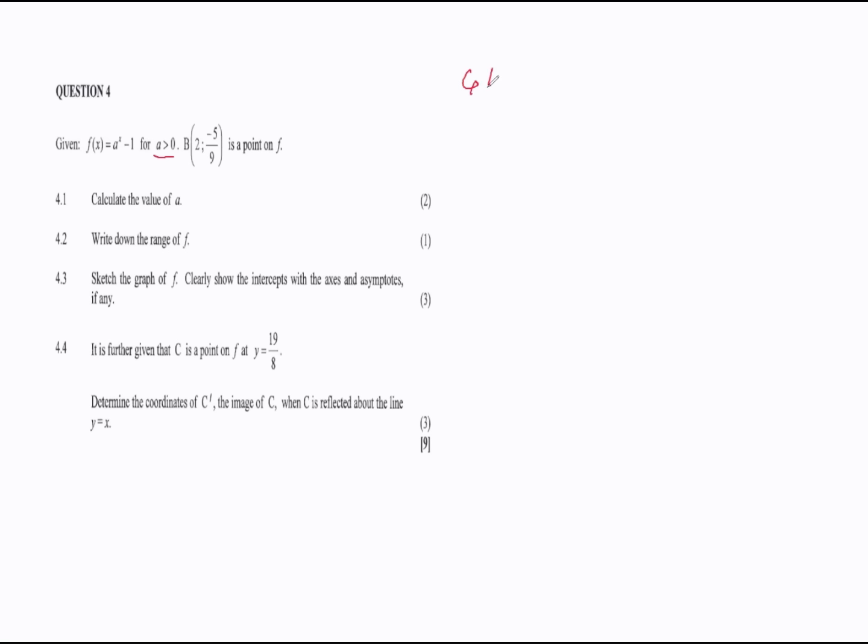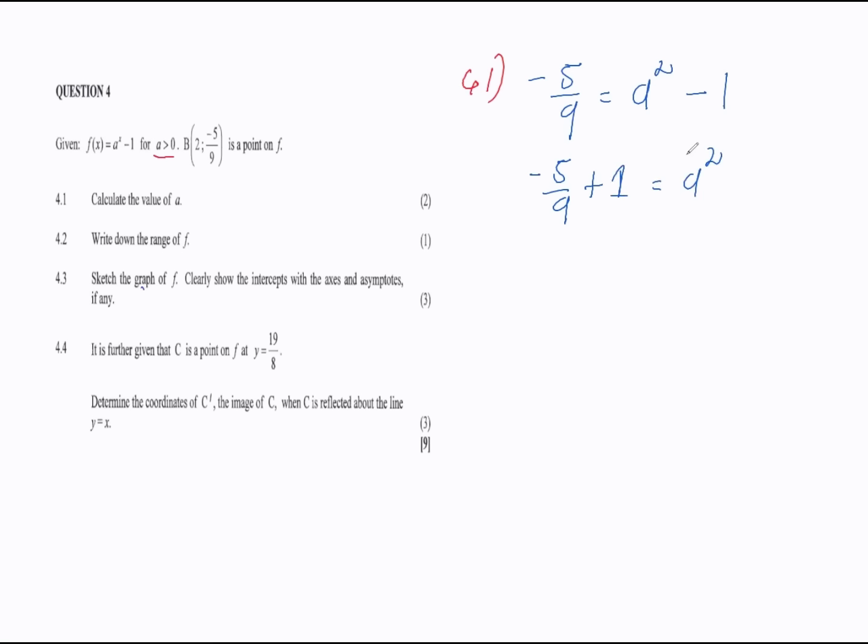So for 4.1, this is what we are going to do. We are already given the coordinate. So that means where there's f of x, I can just replace by negative 5 over 9. And where there's x, I can just replace by what? By 2, and then minus 1. Now it's just a matter of taking this over to this side. So negative 5 over 9 plus 1 is equal to what? a squared, right?